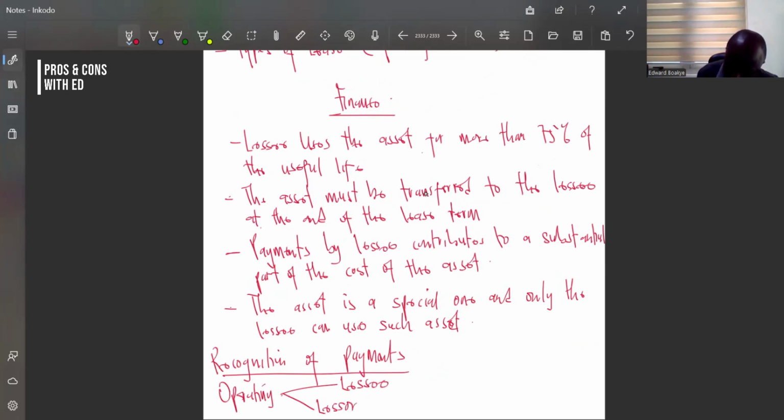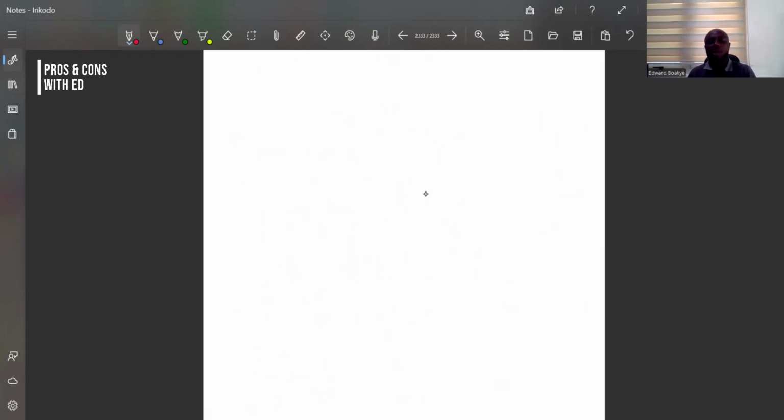So whilst the lessee is treating the payments as lease expense, the lessor will be treating it as what? Lease income. Let's go to our next board and see how are we then going to recognize the assets.